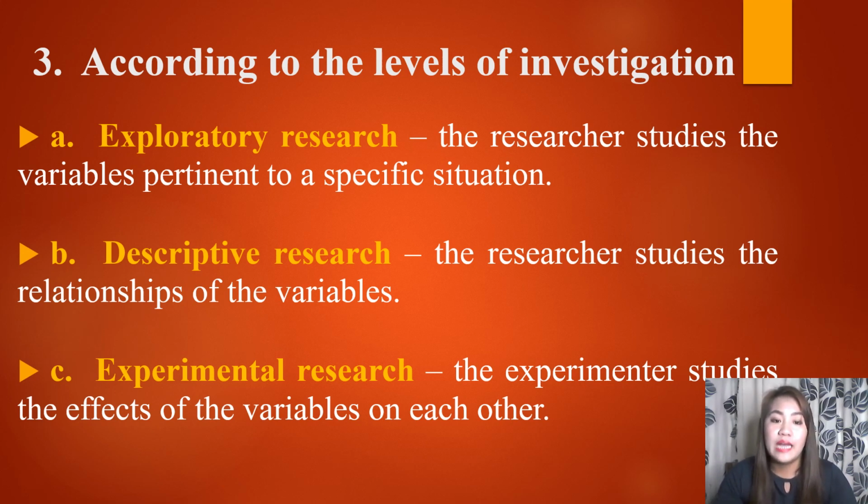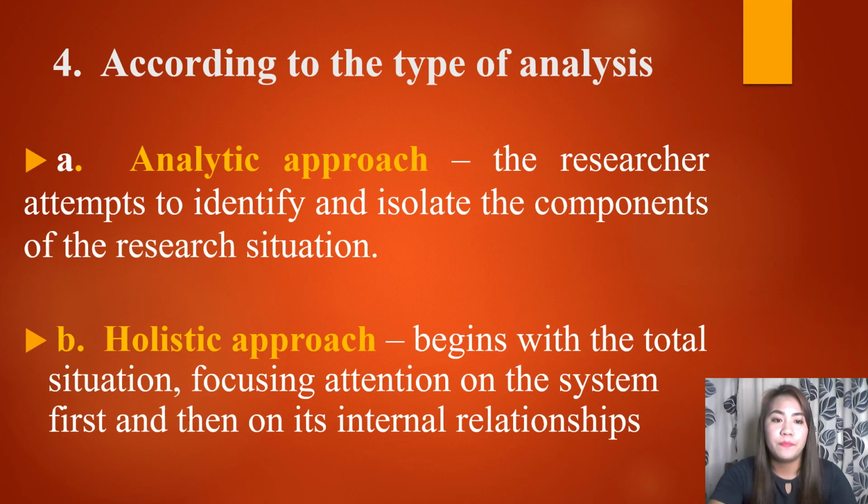And that is for experimental research. And next, we have according to type of analysis. We all know that analysis is very important when you are conducting a research. We have two approaches. We have analytic approach and holistic approach. For analytic approach, the researcher attempts to identify and isolate the components of the research situation.